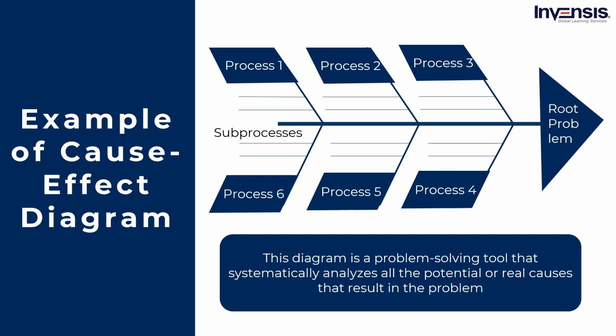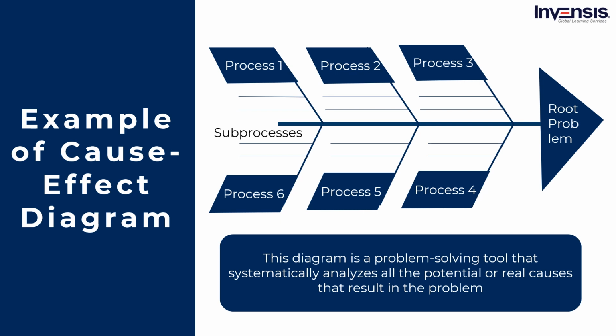After noting them down, we can easily analyze which process or sub-process is responsible for the root problem. Now, this diagram is a problem-solving tool that systematically analyzes all the potential or real causes that result in the problem. Likewise, it is an efficient tool that equips the organization's management to explore the possible causes of a problem.